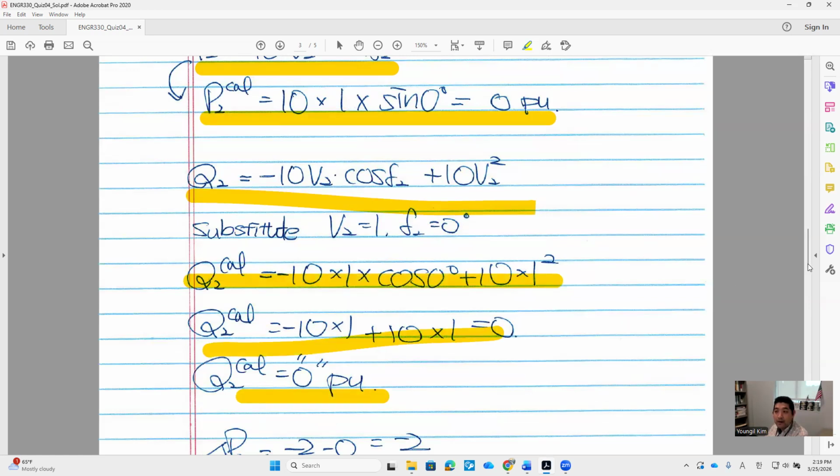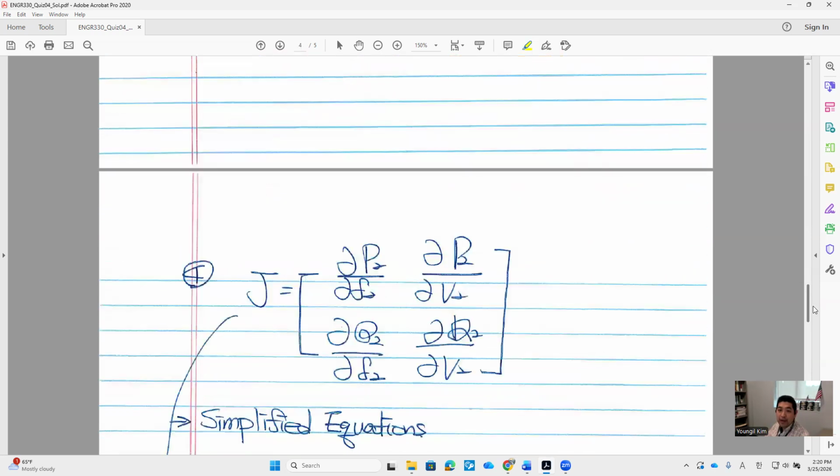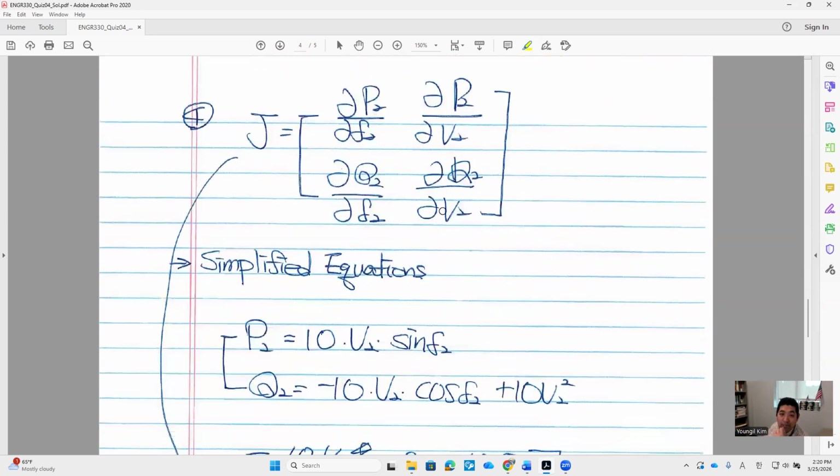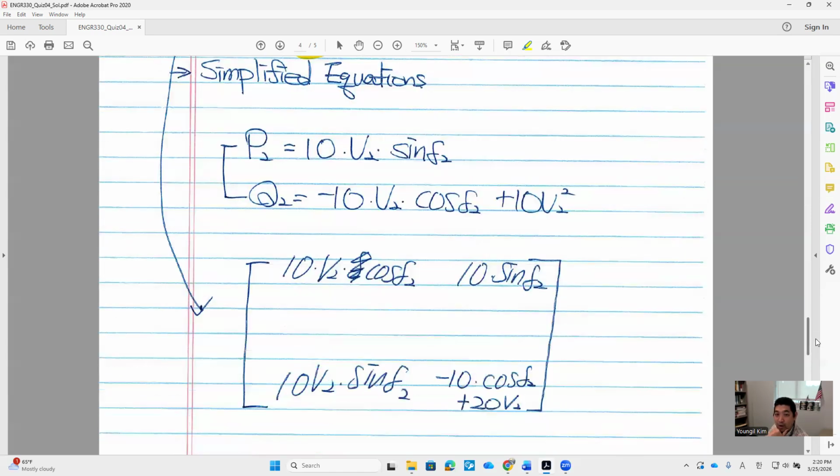Okay, 0. So the value is what? Minus 2 and minus 1. Now, the Jacobian matrix here, several students have the wrong formula equation for P sub 2 and Q sub 2, so that is why it's wrong, okay?